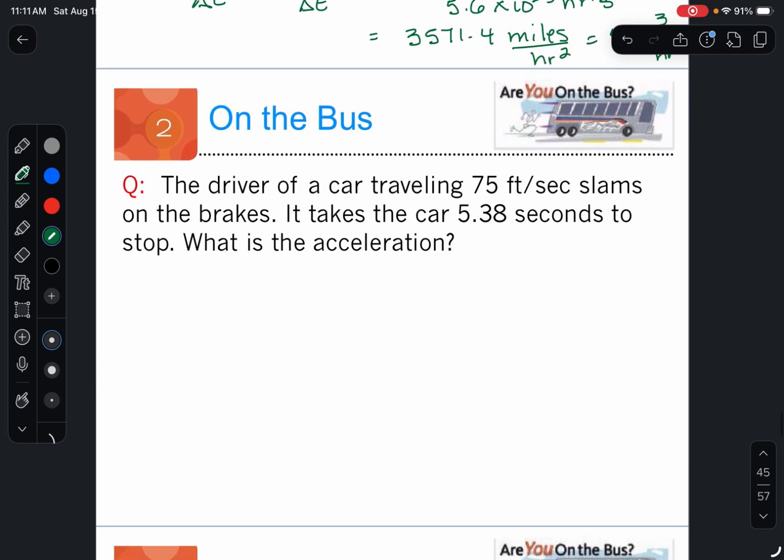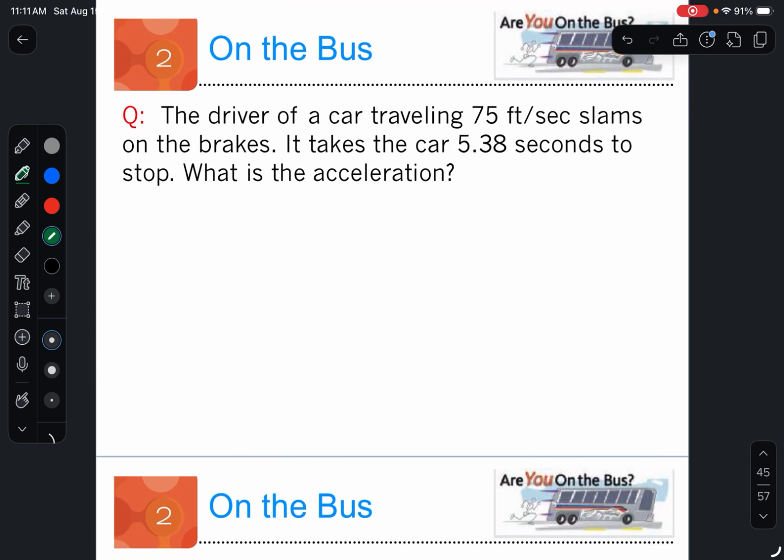Okay, let's try another one. In this one, the driver of a car traveling 75 feet per second slams on the brakes. It takes the car 5.38 seconds to stop. What is the acceleration? So we make our list. We're looking for acceleration.